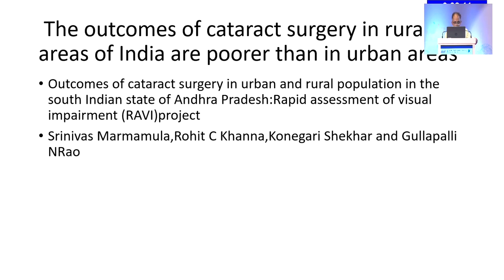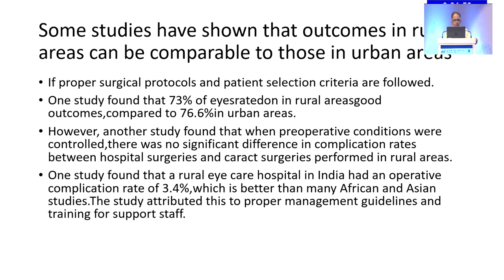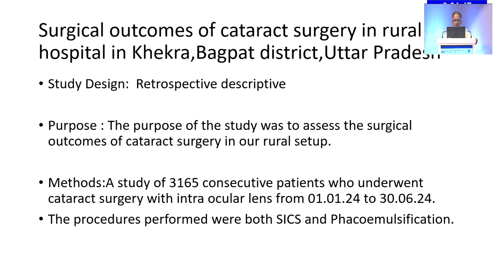A publication from LV Prasad Eye Institute, on outcomes of cataract surgery in urban and rural populations in the southern Indian state of Andhra Pradesh, the Rapid Assessment of Visual Impairment Project, showed that outcomes of cataract surgery in rural areas of India are poorer than in urban areas. On the other hand, some studies have shown that outcomes in rural areas can be comparable to those in urban areas.